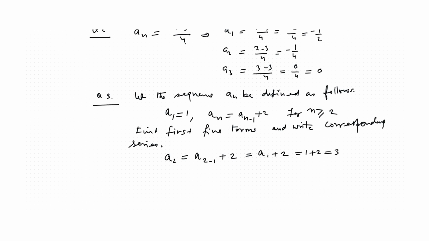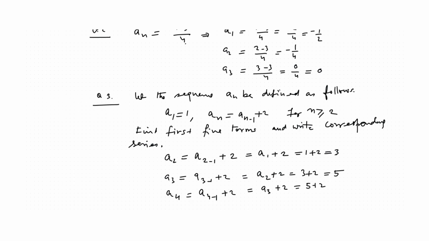A3 will be A(3 minus 1) plus 2. So we will say A2 plus 2. So it will be 3 plus 2, which is 5. And similarly, what will A4 be? A(4 minus 1) plus 2. We would say A3 plus 2. We would say 5 plus 2, which is 7.